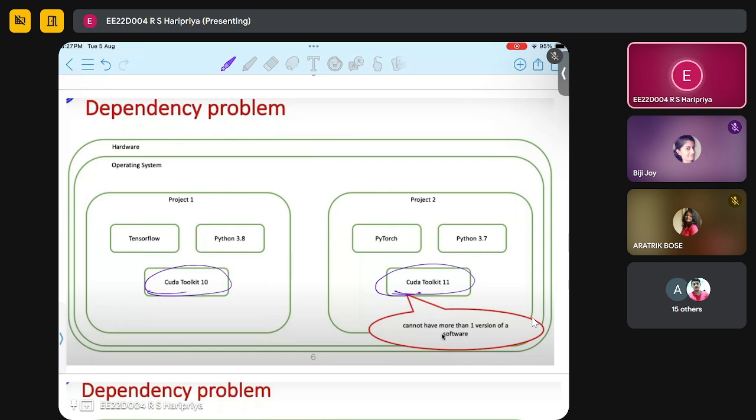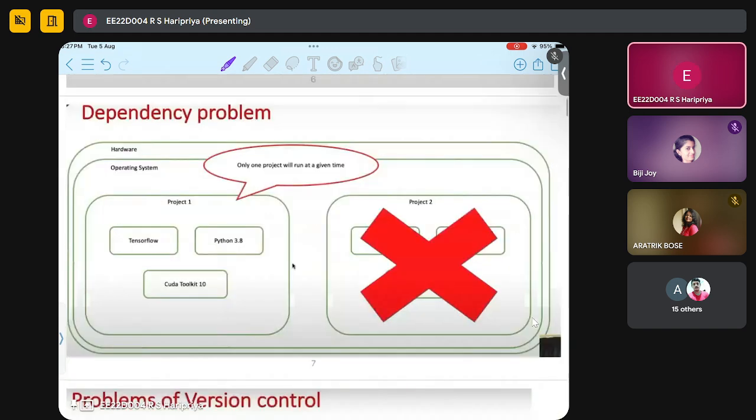In this case, there is actually a dependency problem. So this means ultimately we can run only one project, as we are bound to install everything on the same operating system.